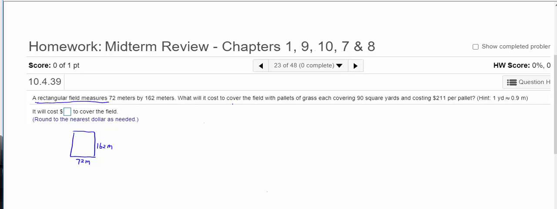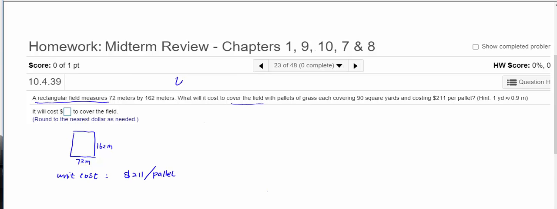And what will it cost to cover the field with pallets of grass, each covering 90 square yards and costing $211 per pallet? So from this question, actually, we can get two pieces of information. One is the unit cost. So the unit cost of covering the rectangular field is $211 per pallet.